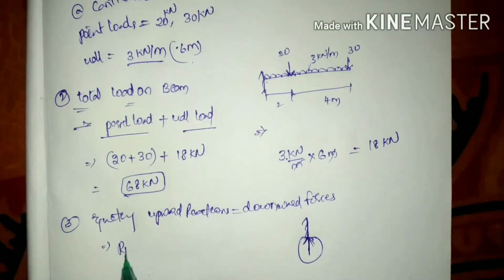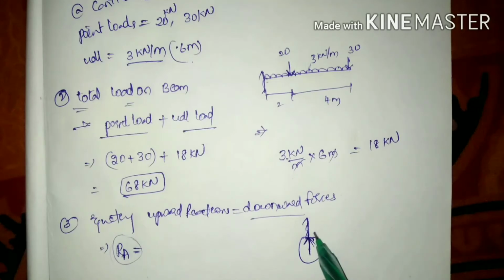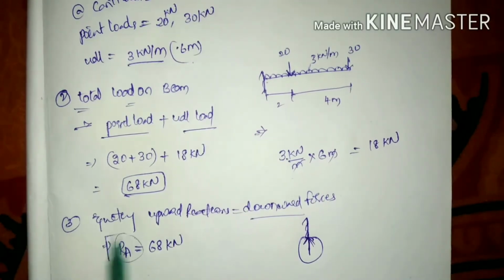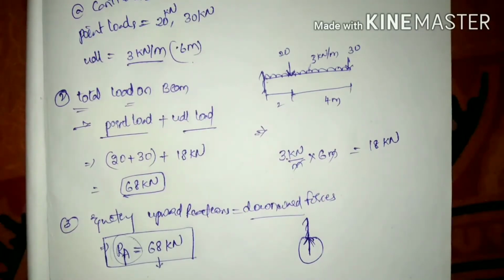Let us consider the reaction is RA. RA is equal to the downward forces, that is the 2 point loads and the one UDL load. So the total load will be 68 kilonewtons on the beam. So that is equating upward is equal to downward forces.